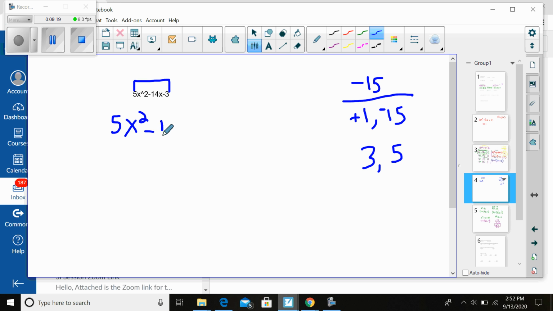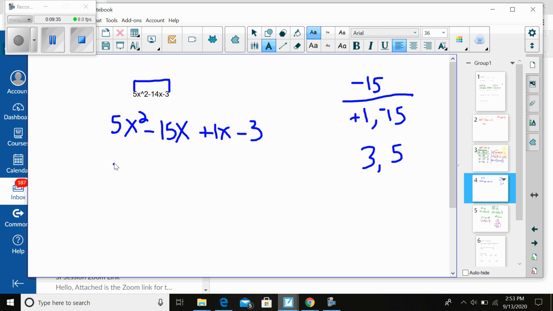I'm actually going to go like this just to show you. So this would be plus 1x minus 3. Again, I have changed the appearance, but I have not changed the value. Negative 15x plus 1x is negative 14x.